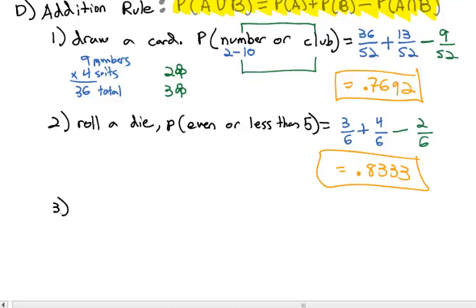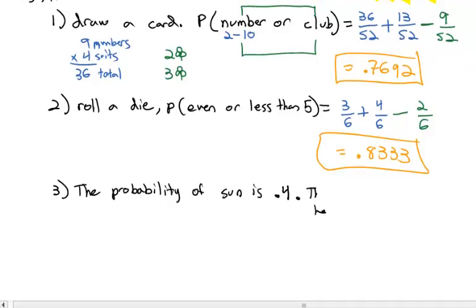How about this problem? Let's say the probability of sun tomorrow, maybe not tomorrow. We're still in the middle of winter, aren't we? The probability of sun, let's say, is 0.4 for a given day. The probability I go swimming on this day is 0.2.